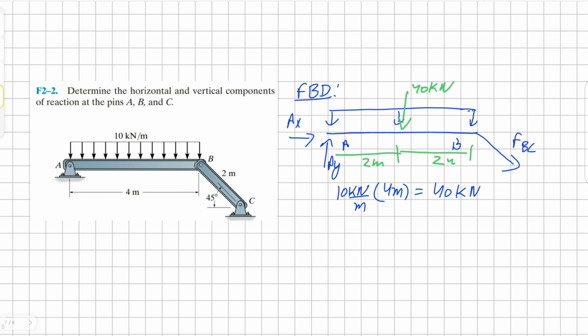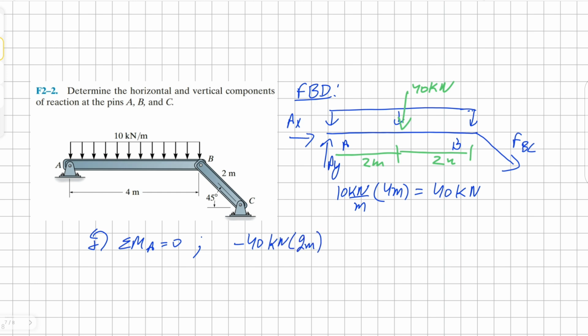Okay, now that we have that, let's take our moment about point A. We're going to assume counterclockwise as positive. So first we encounter point load 40, so it's going to be negative because it's going clockwise, times 2.